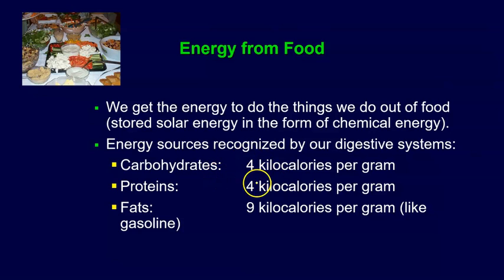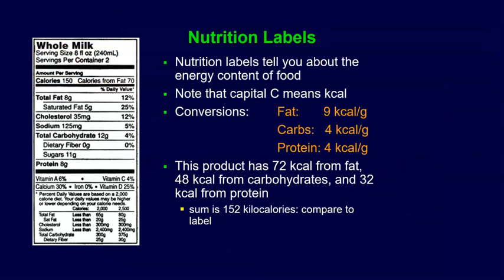A carbohydrate gives you about 4 kilocalories per gram. Protein, 4. And for fats, you get 9 kilocalories, which is getting close to that gasoline number of about 11.5 kilocalories per gram. That's how much energy we can ingest from these different items. It's actually roughly the same order of magnitude as gasoline.